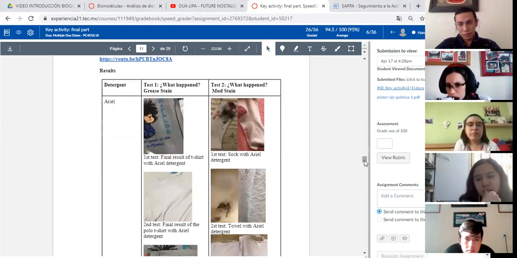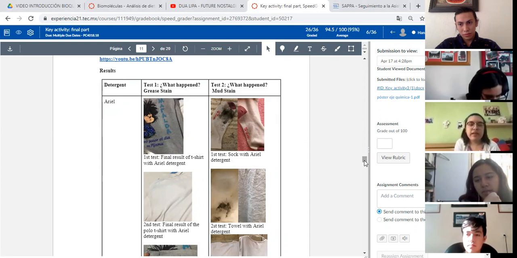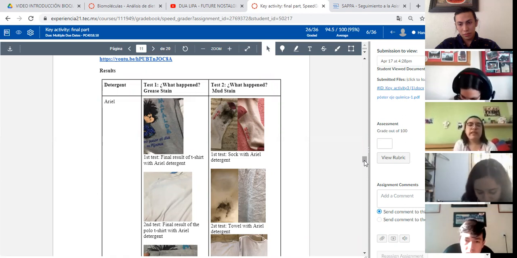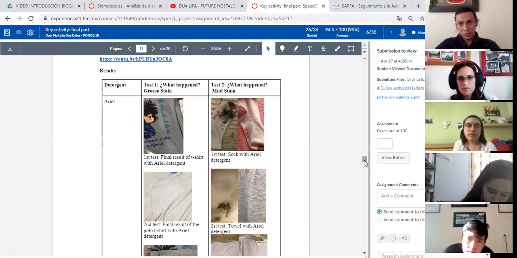We put it in the conclusion that that was our experimental error, testing with two different types of clothes, let's say. And you think that affects the experiment? How can the fact that you're using different colors and different types of cloth affect your results?